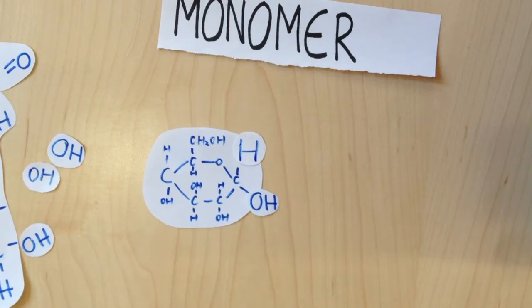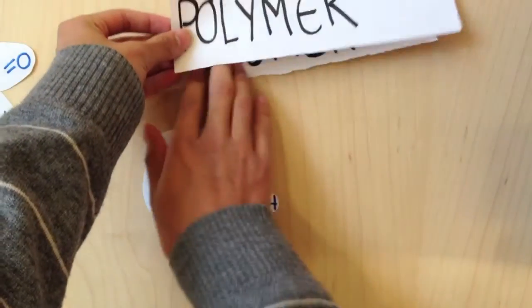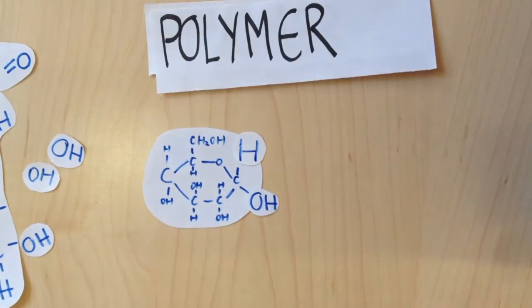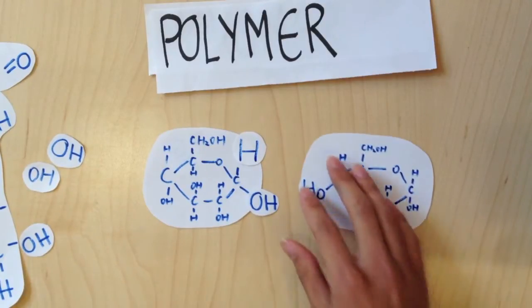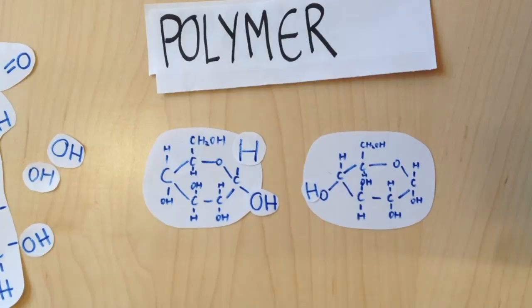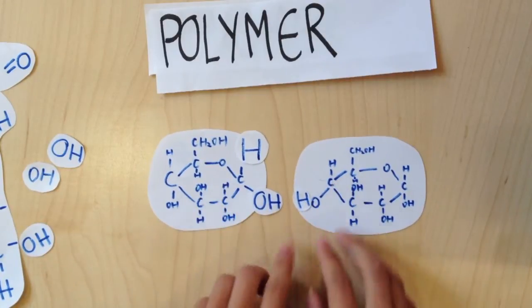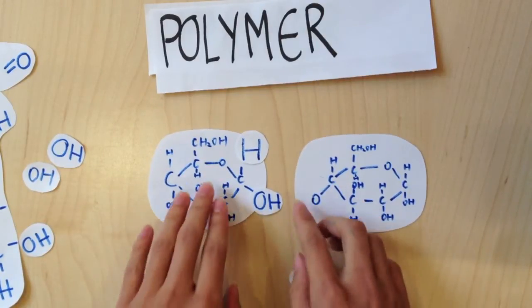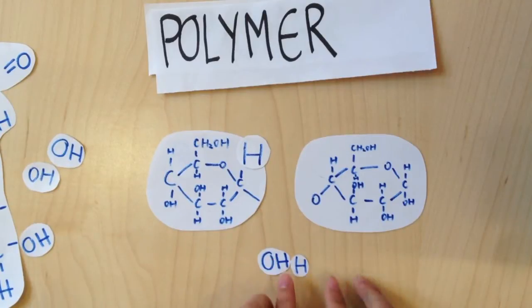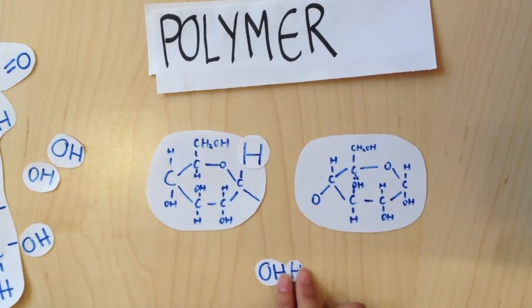Now we're going from monomers to polymers. How do we form polymers? Here is another alpha glucose. Here we go. And when these two molecules meet, the hydrogen atom here and the hydroxyl group here will be ripped off and form a molecule of water, H2O.